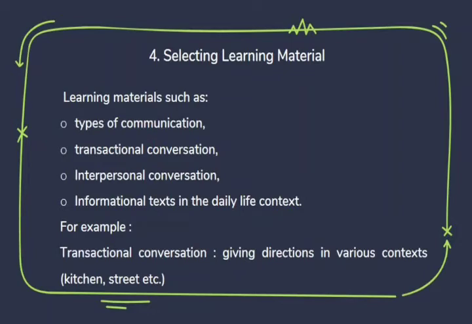And learning materials such as types of communication, transactional conversation, interpersonal conversation, and informational text in the daily life context. For example, transactional conversation, giving direction in various contexts, like in the kitchen, street, and others.